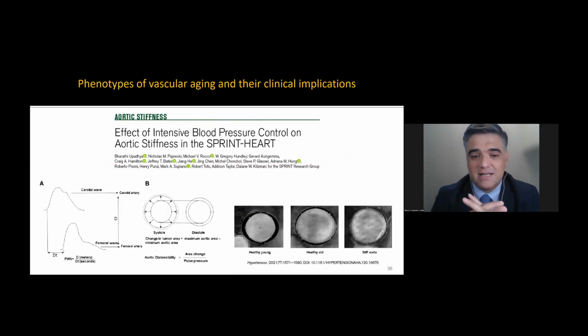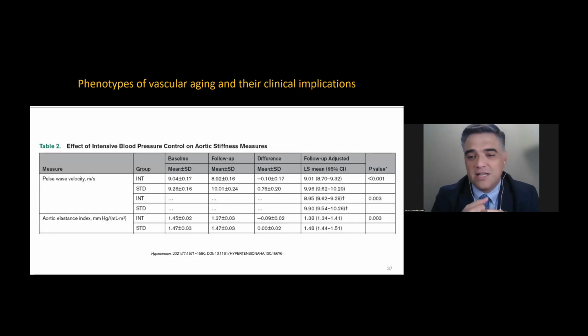And the most hard evidence that we have today also comes from the SPRINT, but the SPRINT Heart study that measured the evolution of stiffness and also the evolution of decreasing pulse wave velocity through a method of combined echocardiographic and MRI evolution to show that whenever you decrease pulse wave velocity, you will have a decrease in cardiovascular events, such that per each standard deviation of pulse wave velocity, you get a decrease in 51% of the risk of cardiovascular events.